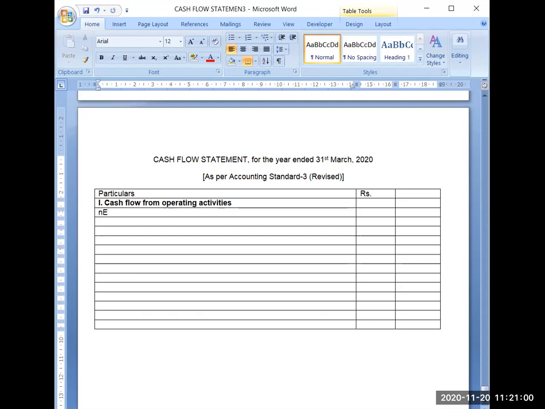So here we will write net profit before tax and extraordinary items.